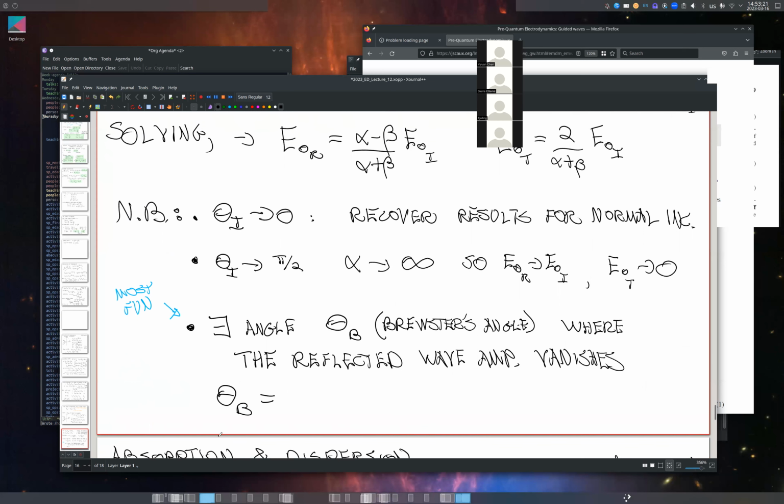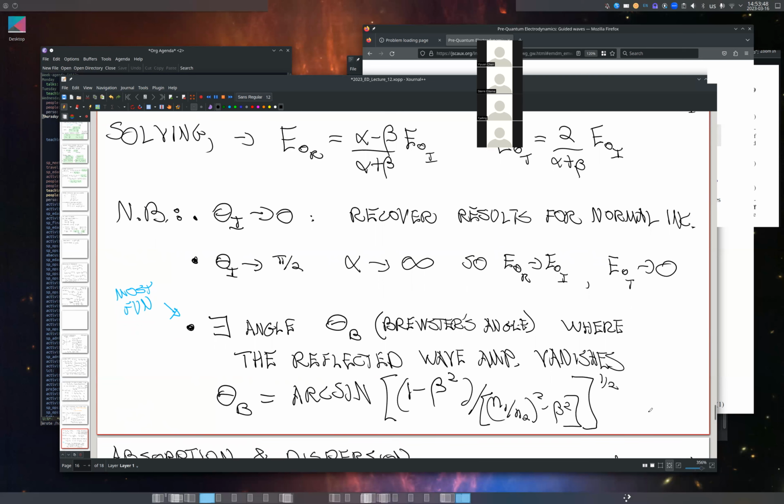It's the arc sine of the square root of (1 minus beta squared) divided by ((n1 over n2) squared minus beta squared). Okay, so these are just curiosities that have real physical consequences.